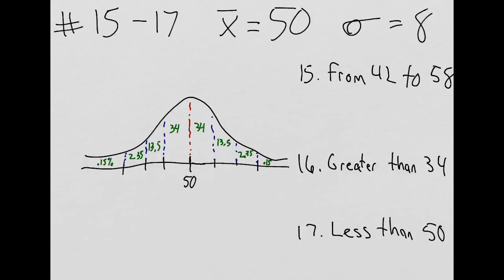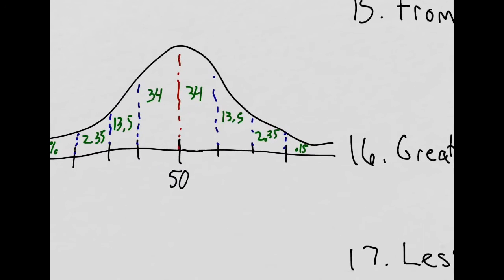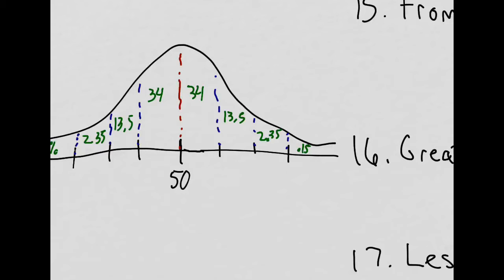So now I'm going to label this. Our mean is 50 and the standard deviation is 8. We're going to go up and down 8 for each standard deviation. So one step up is going to be 58 right here, then 66, then 74.